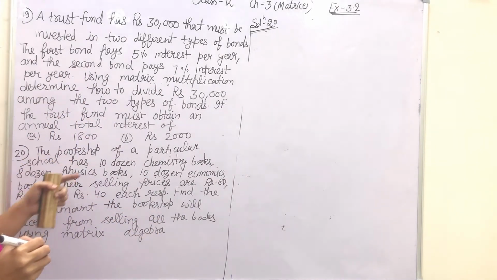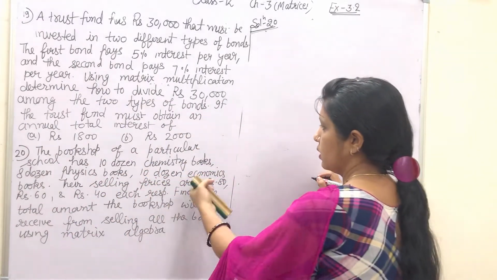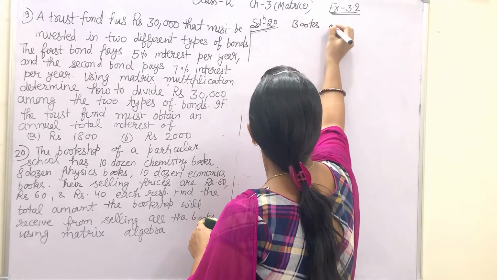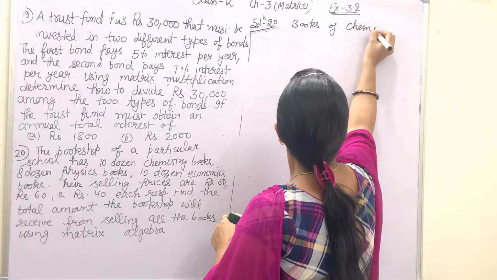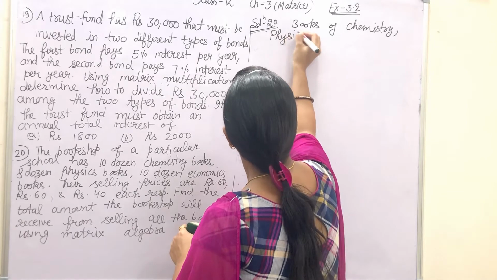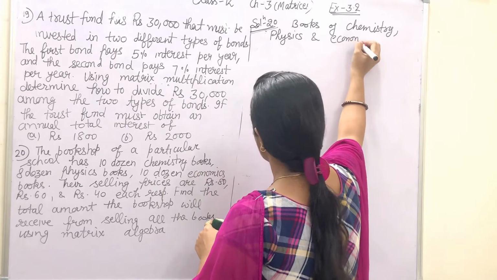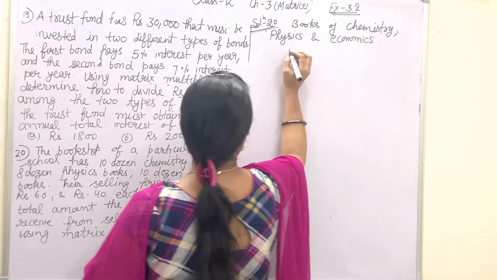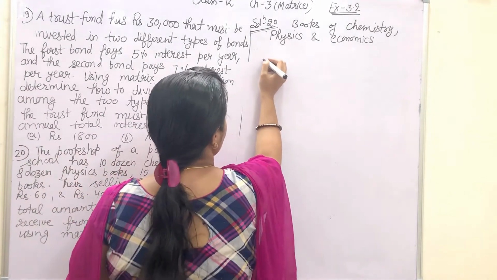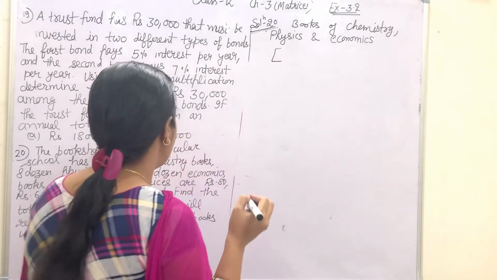Now our books are chemistry, physics and economics. So here we write it in our matrix representation.